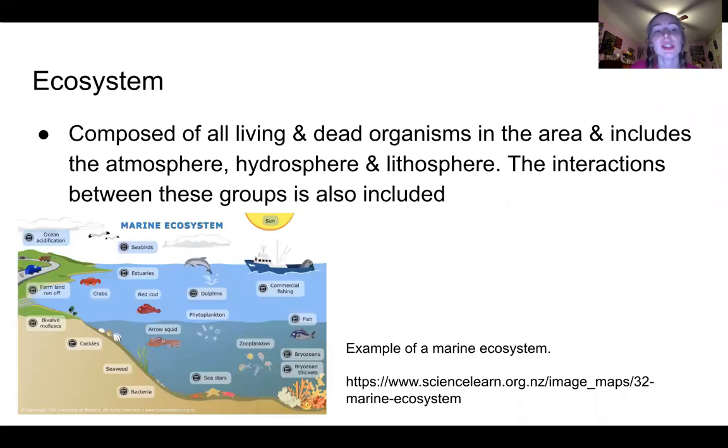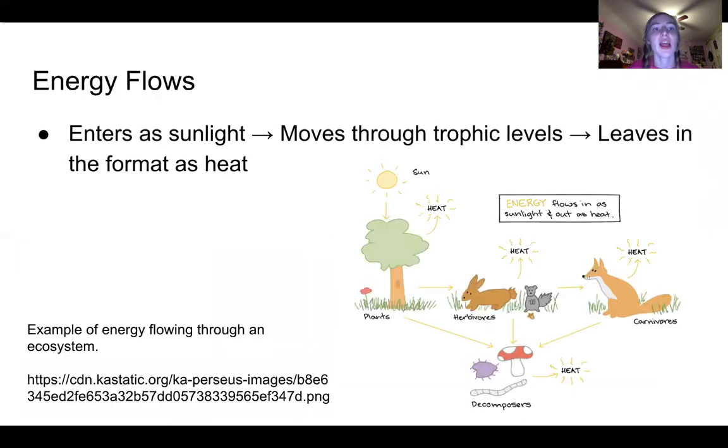An ecosystem is composed of all the living and dead organisms in the area, which also includes your atmosphere, hydrosphere, and lithosphere. And then it also includes the interactions that they have with each other. So here's just an example of a marine ecosystem and how it would interact. Energy flows: it enters as sunlight and then moves through the trophic levels.